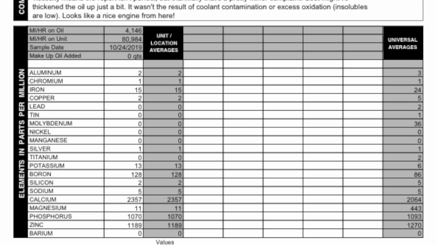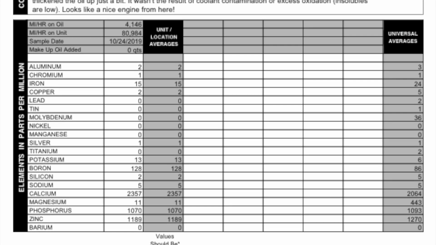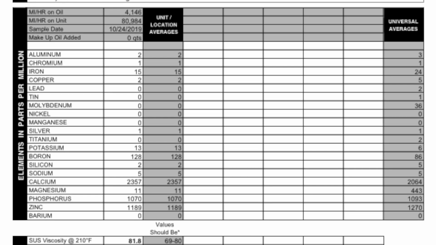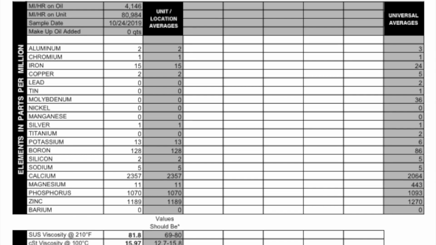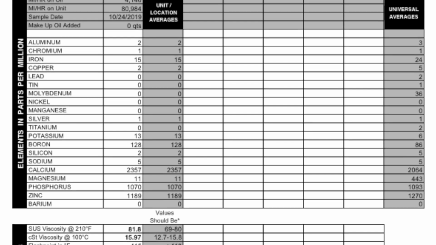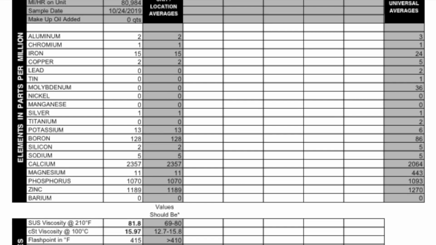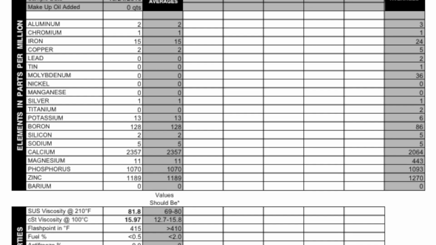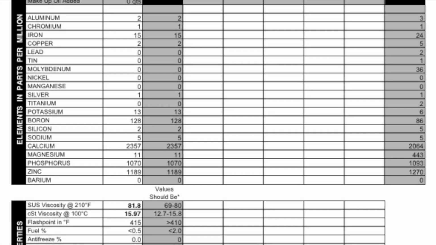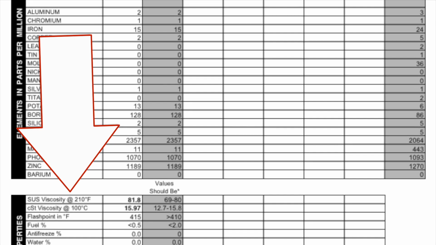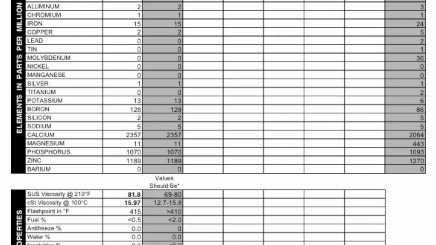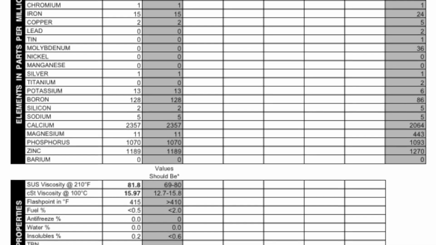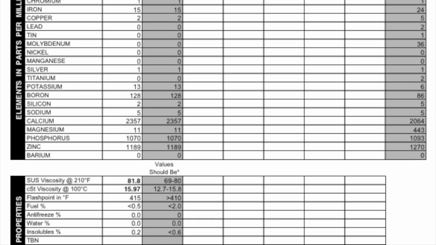And all the way over on the far right-hand side, that gray column is the unit average for your type of vehicle and your type of oil. That's the average that Blackstone has seen in all the samples they've done. So more or less that's ranking your oil sample and vehicle against all other vehicles of that same type with that type of oil. Then the box at the bottom, properties, gives us other information such as any fuel, antifreeze, water, or insolubles that might be in the oil.